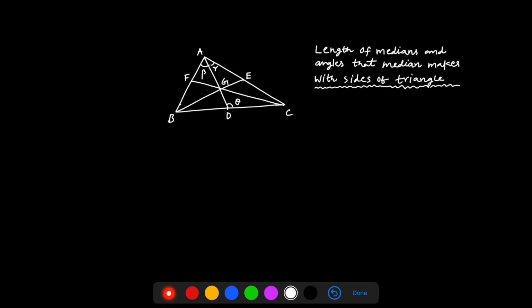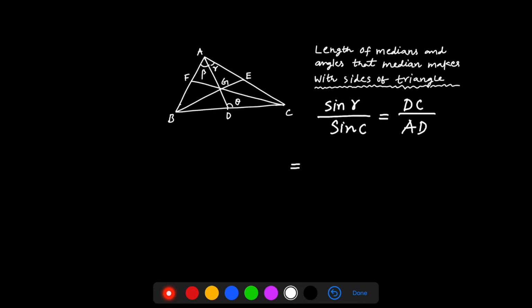Now we are interested in finding the angles beta, gamma and theta. Suppose we are considering the triangle ADC. If we apply the sine law, then sin gamma by sin C will be DC by AD.